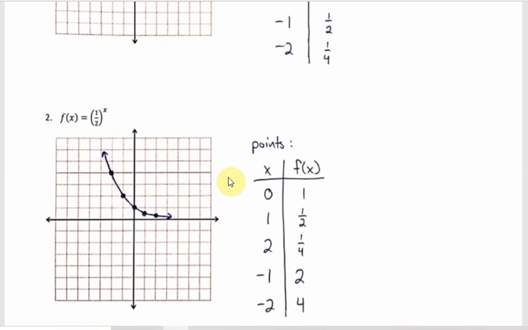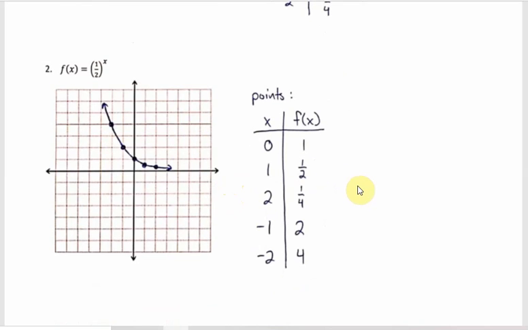If you have a base, so like the base being the number that's down here, if you've got one that's less than 1, then you get the same kind of shape just facing the other way. Because then, I mean, you still have 0, 1 here because anything raised to the 0 power is going to be 1. So 0, 1 is always going to be part of that graph.